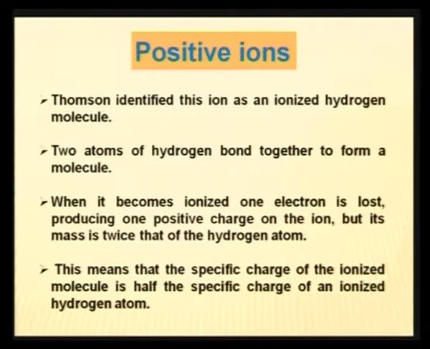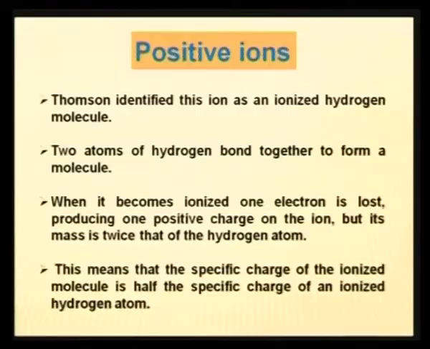And I told you again, in the case of the hydrogen molecule, if it is ionized, you will have the hydrogen ions. The specific charge, e by m, has the mass in the denominator. Suppose the mass is that of the hydrogen molecule.